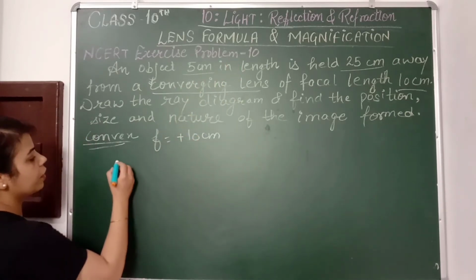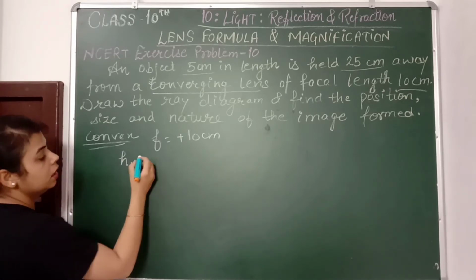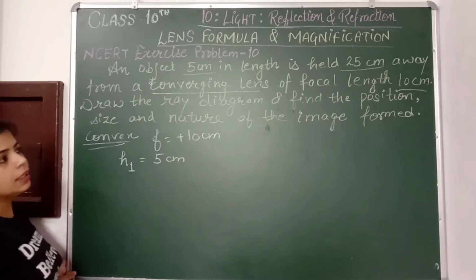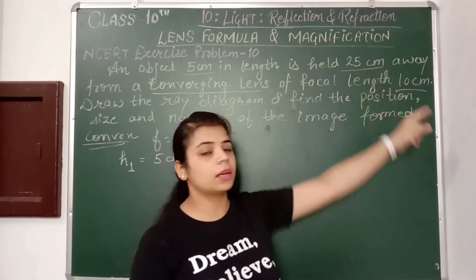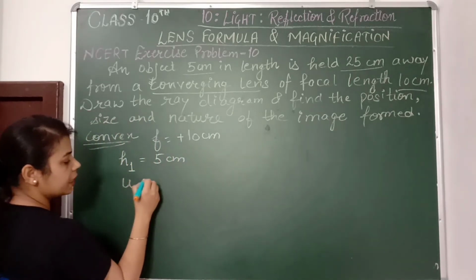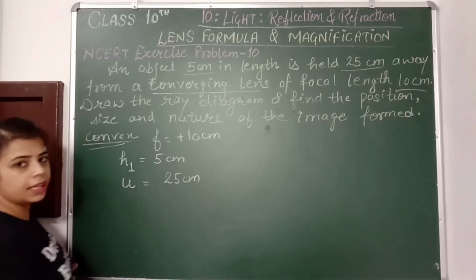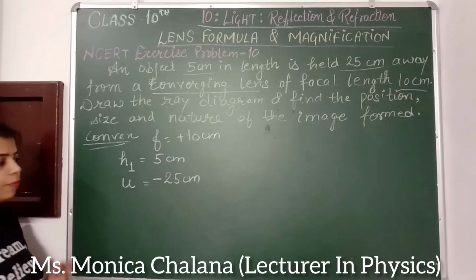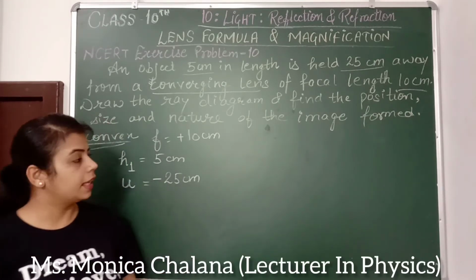That means we have given the size of object, which is h1, is equal to 5 cm. Next it is given that the object is held 25 cm away from the lens. That means it is the object distance which is 25 cm from the lens, and the object distance is always negative because the object will be towards the left of the lens.